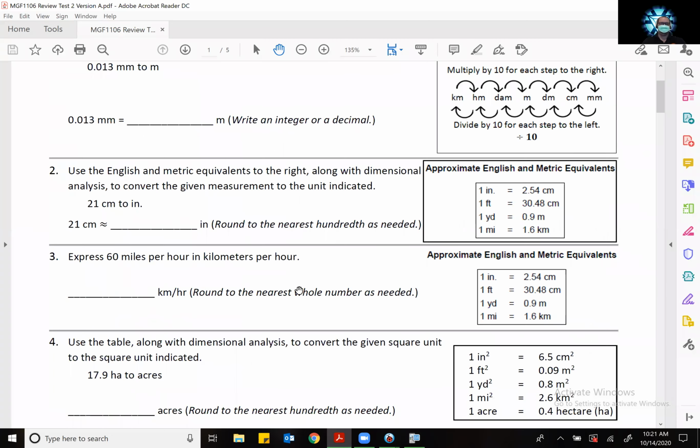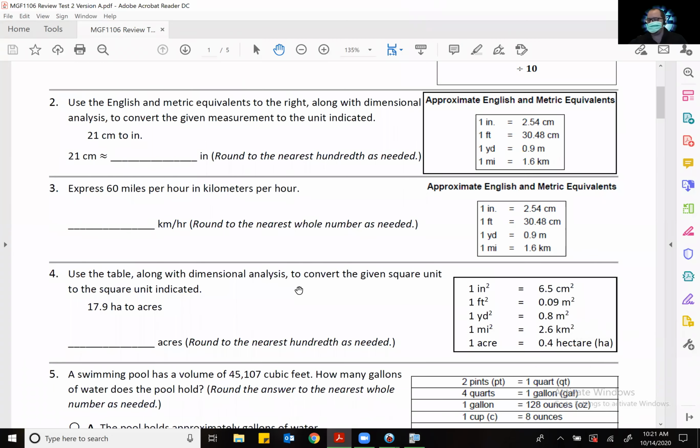Moving on. Number 3. Now, in your assignments, you didn't really have anything that had 2 labels to it. But don't let the 2 labels throw you off on this. In here, it says we are going 60 miles per hour. They want you to convert this into kilometers per hour.